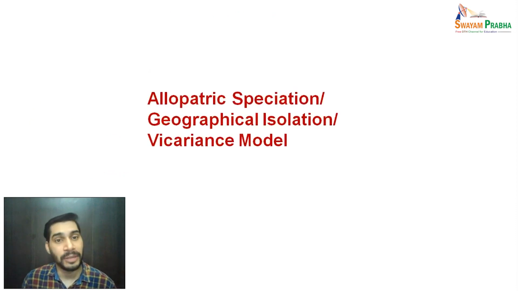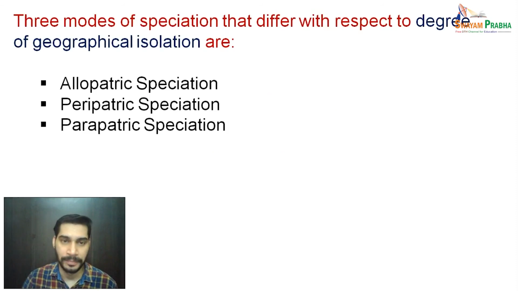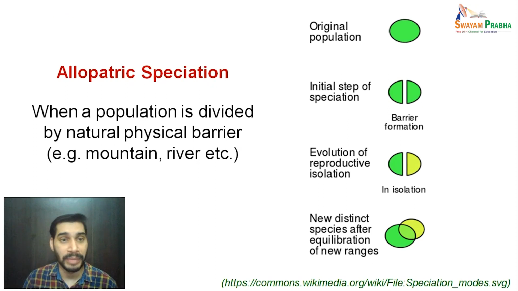Let us talk about allopatric speciation, or the geographical isolation, which is also called the vicariance model. There are 3 modes as I just mentioned, and they differ with respect to degree of geographical isolation, and they are called allopatric, peripatric and parapatric. Let us see what we mean by this.